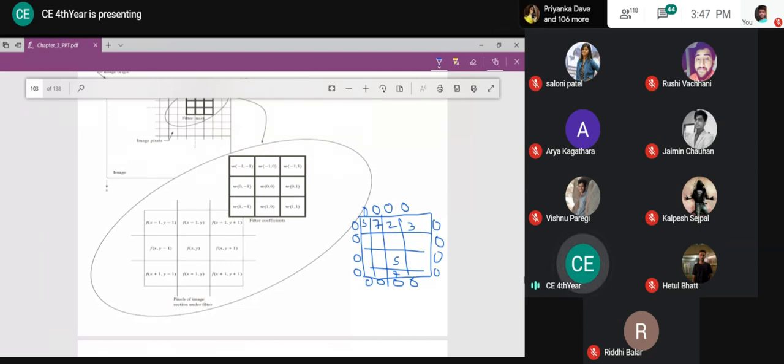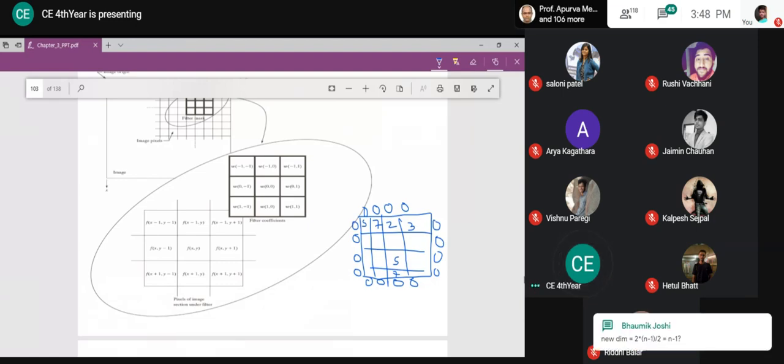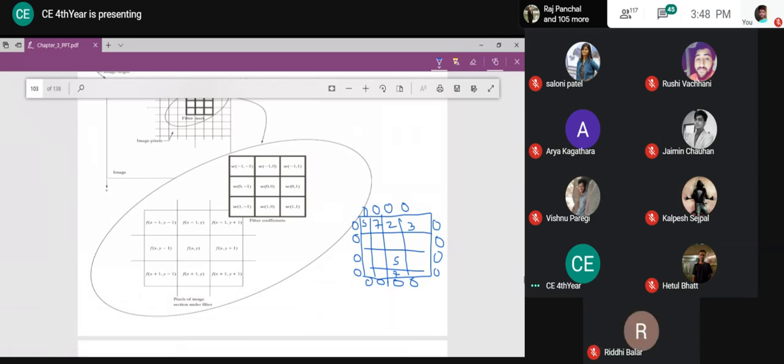So what we can try is, I'm writing it like the capital M and capital N are the dimensions of my image. And what if we are keeping it as 2 into n minus 1 by 2, which is equal to n minus 1?